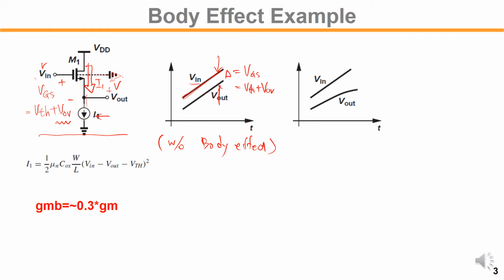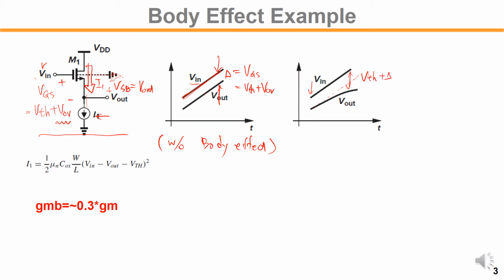We have a VSB here, that is Vout, right? Because the body is tied to ground in this case, the output voltage will be lower because we have a higher VTH plus delta.